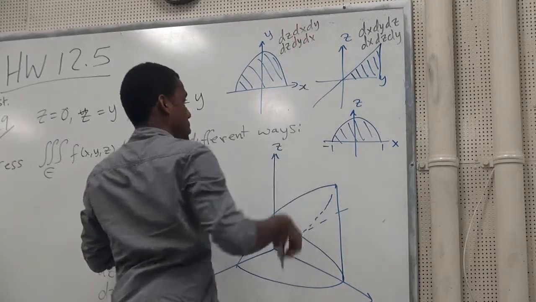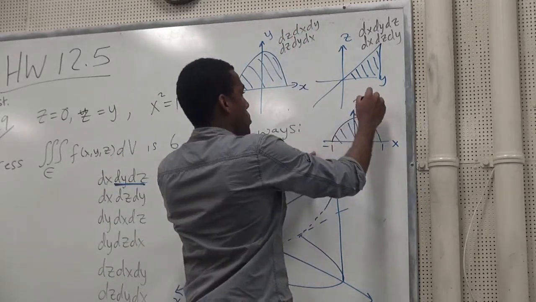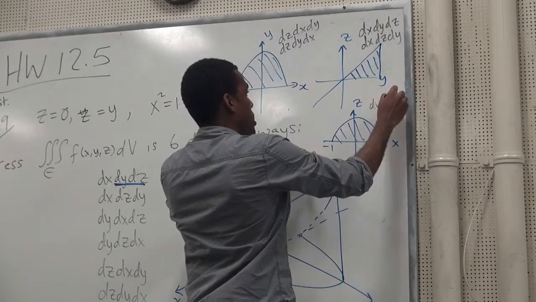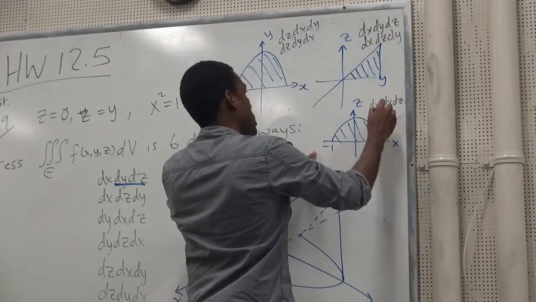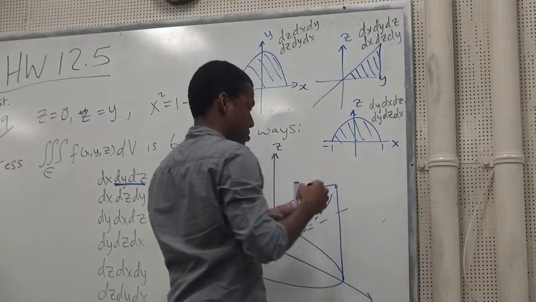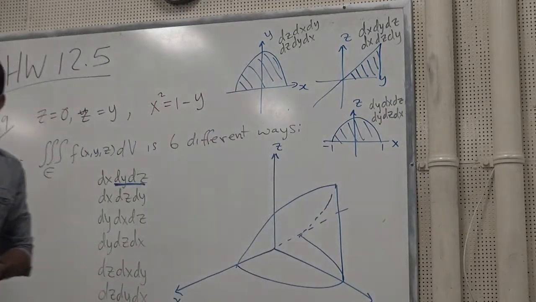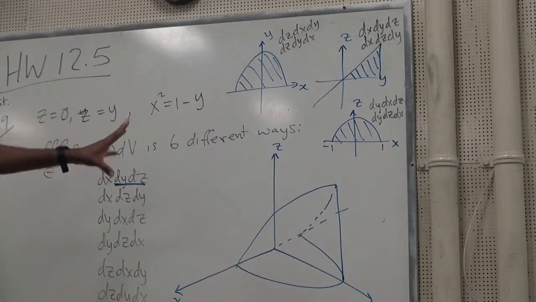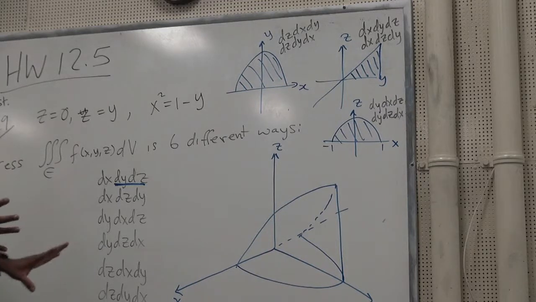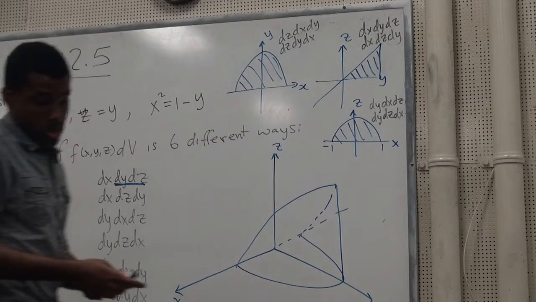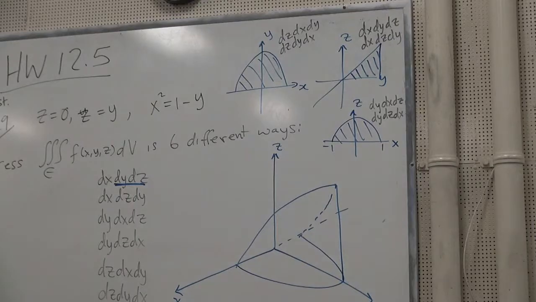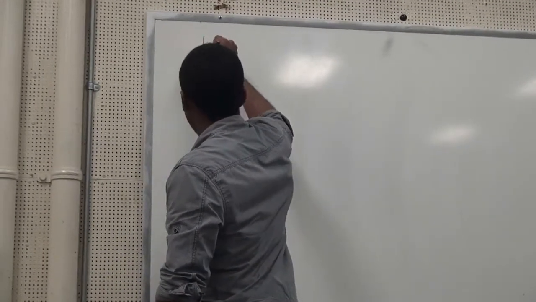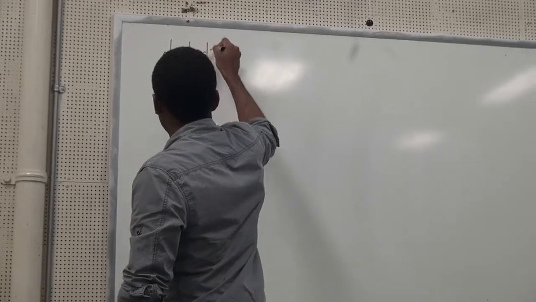This guy you have to know for dy, dx, dz and dy, dz, dx. Once you figure out, those give you the double integral region. That's where you're projecting things. Okay, so let's start. First one was the x, y.